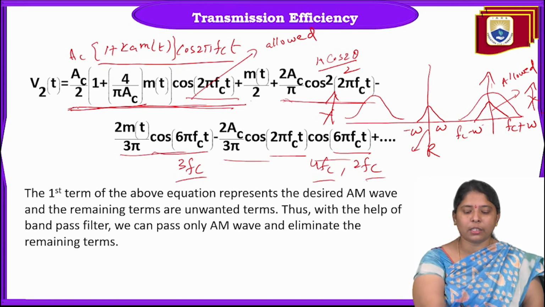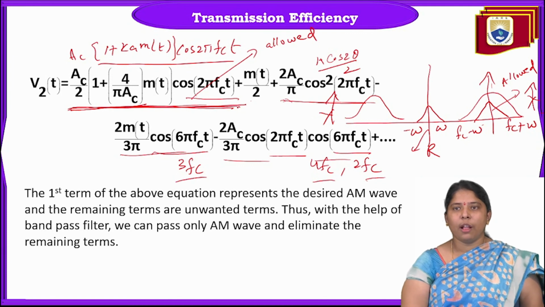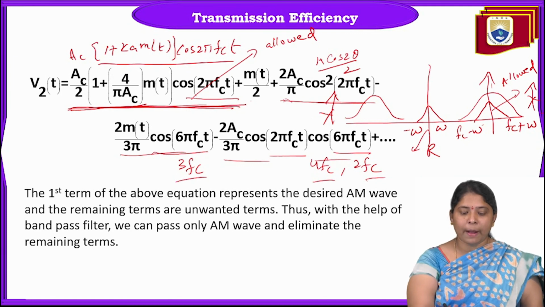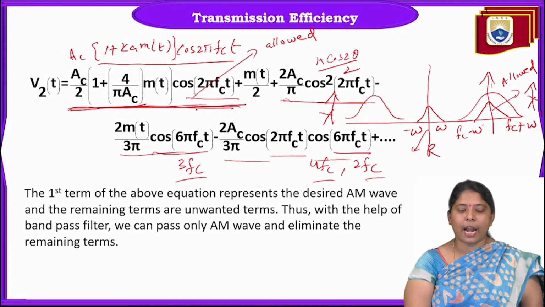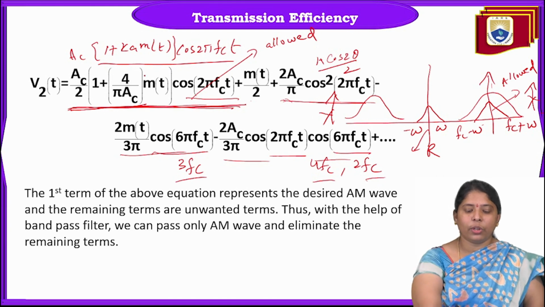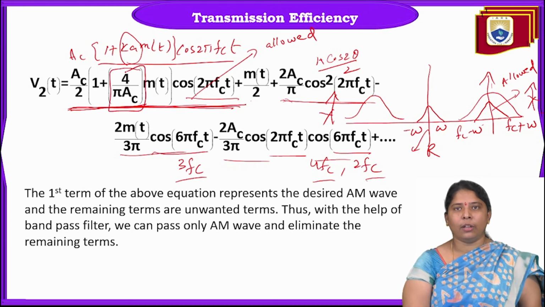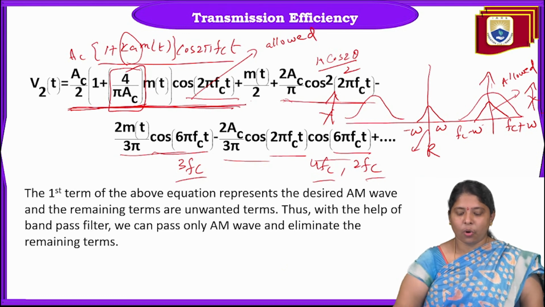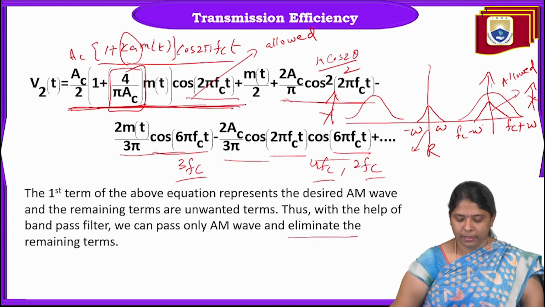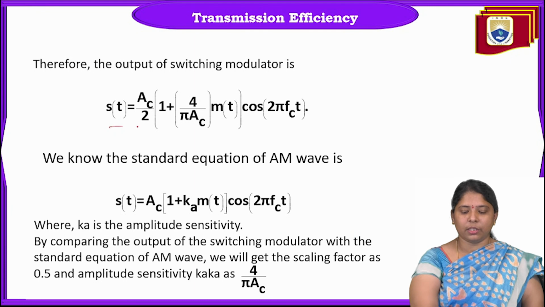So only the first term is going to pass through the band pass filter. If we compare this equation with the standard AM equation, the Ka value is 4 by pi AC. All the other terms are eliminated, so the output of the band pass filter is this one.